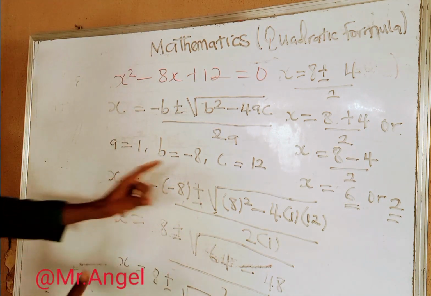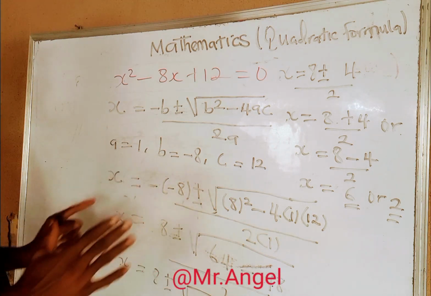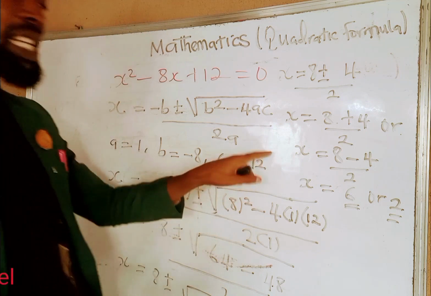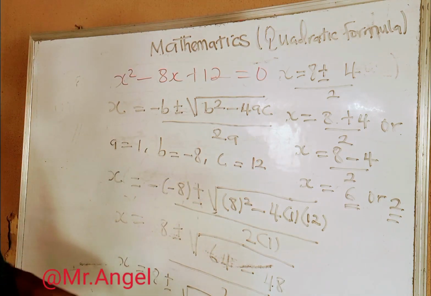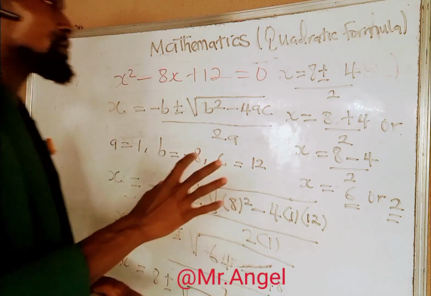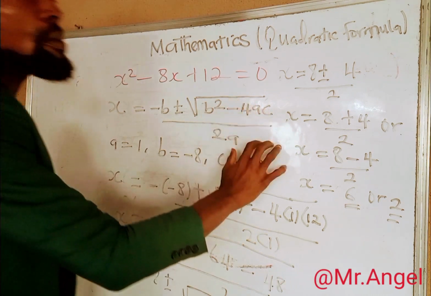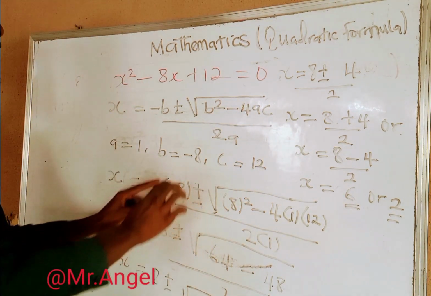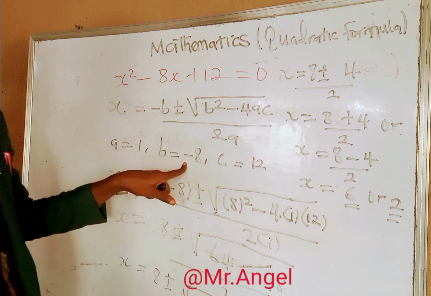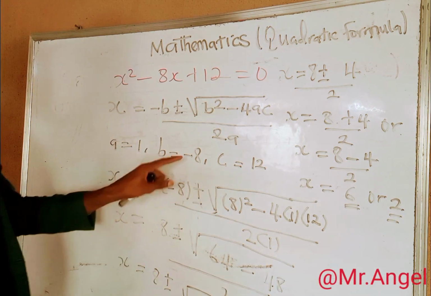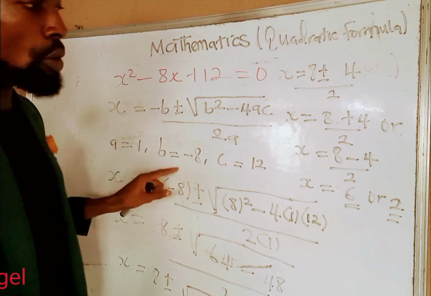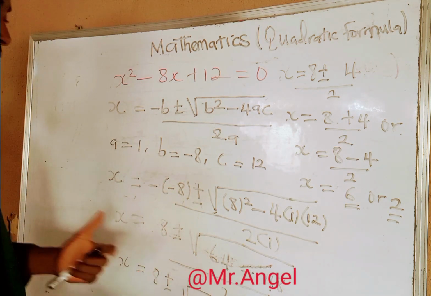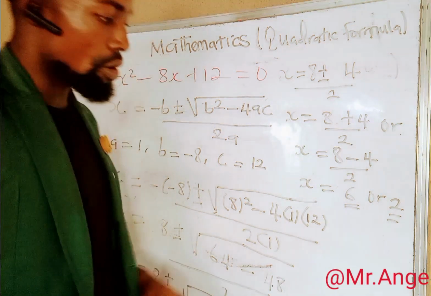Now, there's something I want you to keep in mind while using this last method, the quadratic formula. First of all, you need to know the formula itself, and you need to be mindful of the negative numbers. When you multiply a negative number by a negative number, it gives you a positive number.